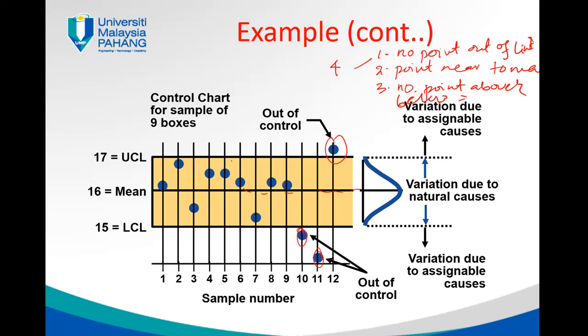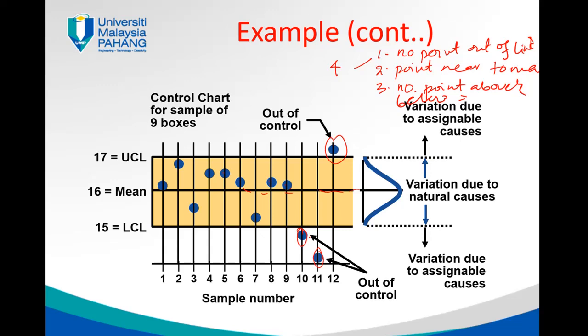From here we also find out that the number of points above is 1 2 3 4 5 6 7 8, compared with 1 2 3 4 below. The number of points is already not balanced.